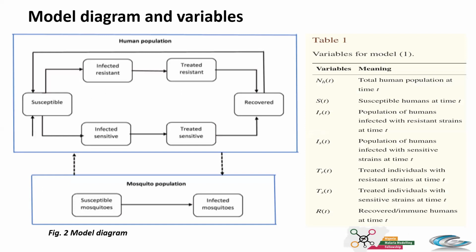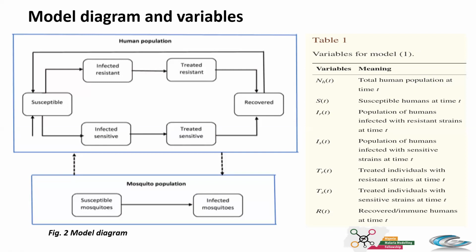Looking at the model diagram, you can see 6 compartments for the human population and 2 compartments for the mosquito population. Moving from left to right, the susceptible human population is populated by recruitment, either by birth, and also by waning immunity from those who have recovered with temporary immunity.